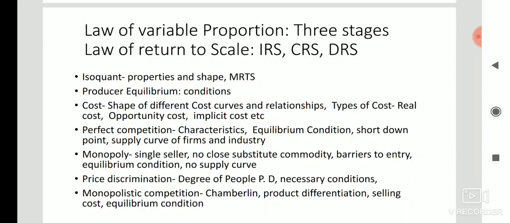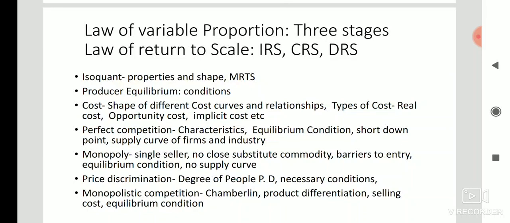So we have to remember these points: product differentiation, selling cost, and that monopolistic competition was given by Chamberlin. The group model was also developed by Chamberlin.